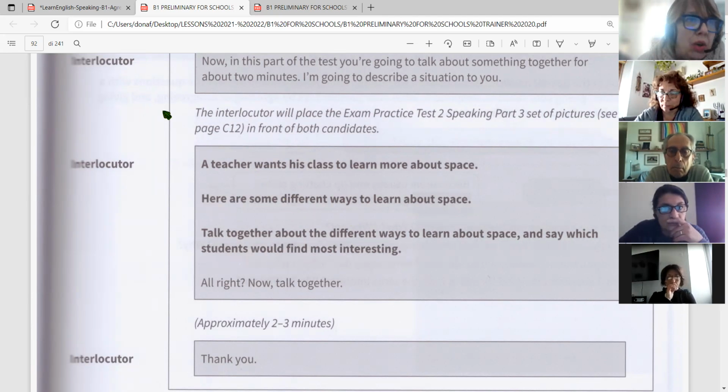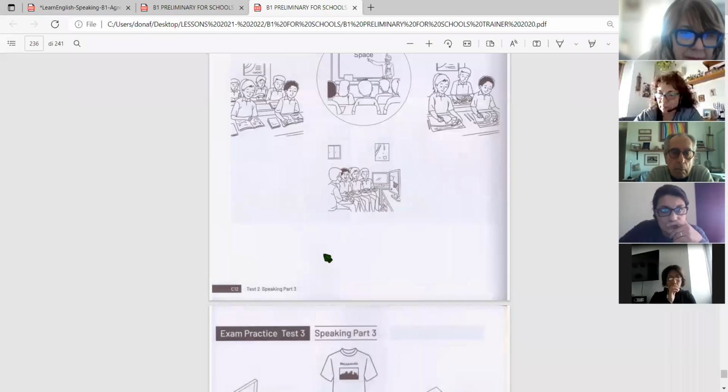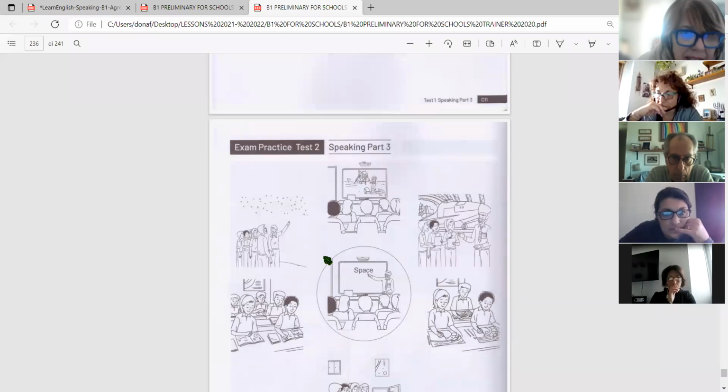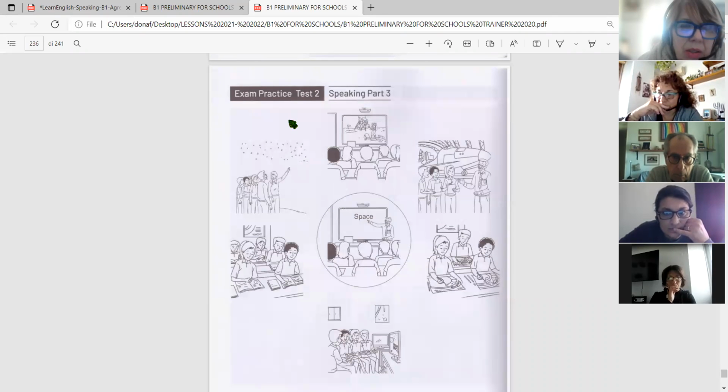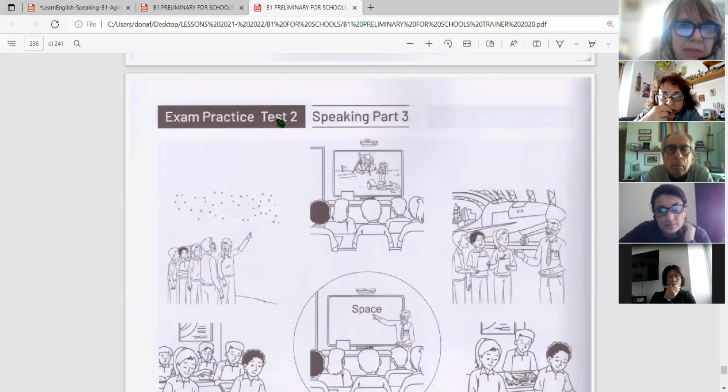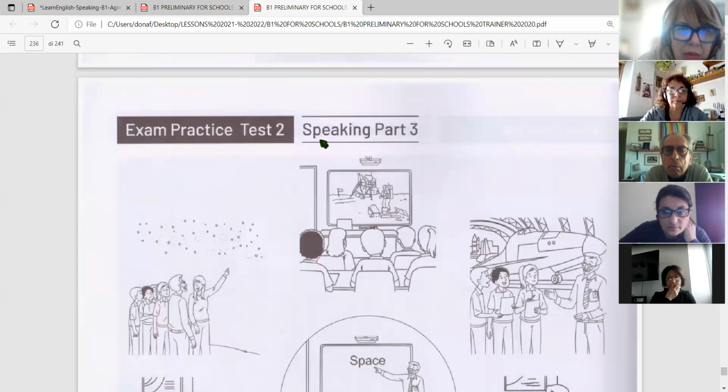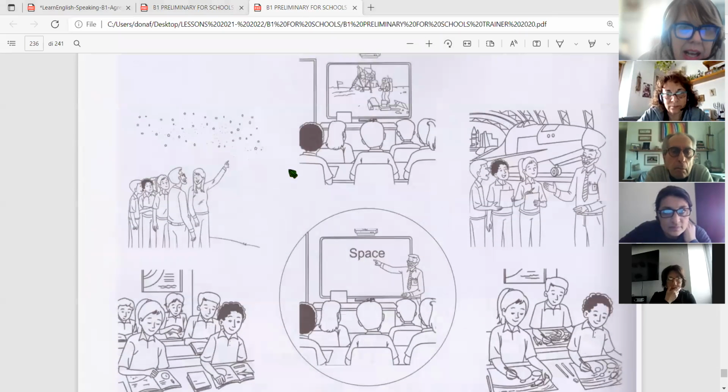Okay, so now we are going to see the C12 picture. That is this one. Okay, so I put it on the side and I show you better all the pictures. So talking about space, and these are the various ways. Think about all the vocabulary here is by pictures. So that means that we are not giving any hints.